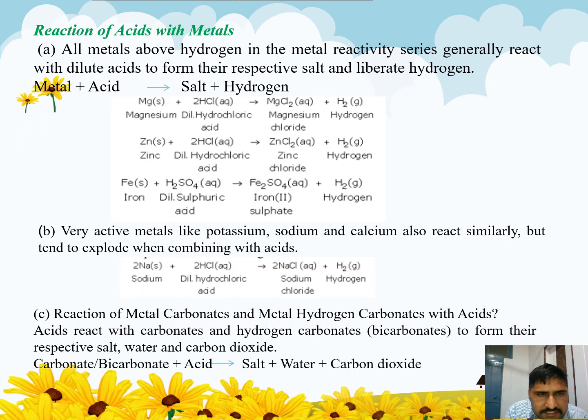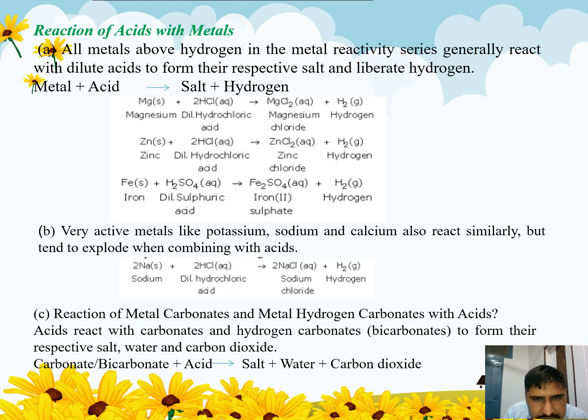Now, reaction of acid with metal. All metals react with oxygen to give oxides and react with dilute acid to form respective salts and liberate hydrogen gas. देखते हैं, metal plus acid gives salt plus hydrogen.